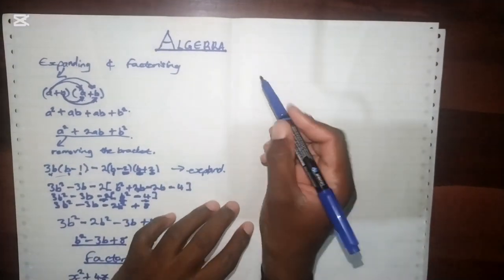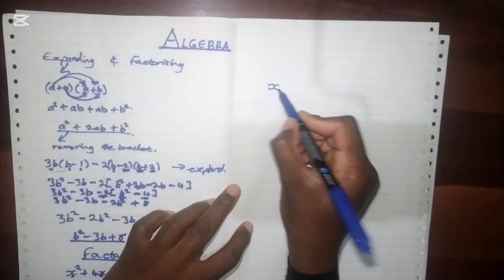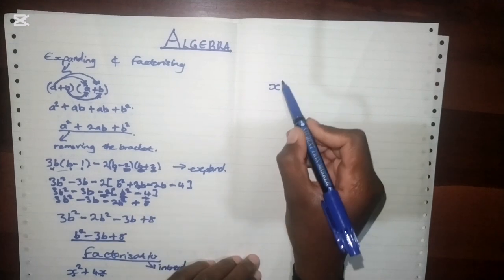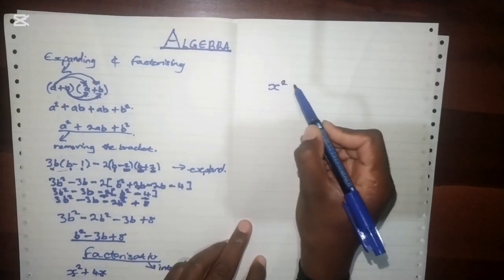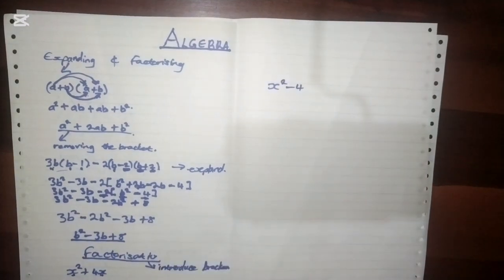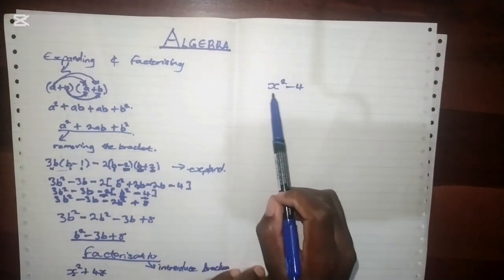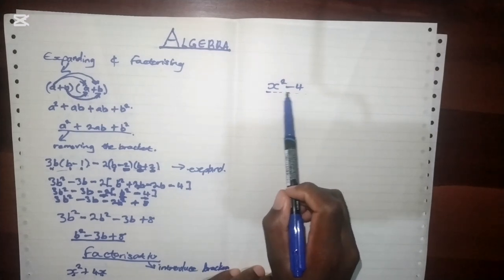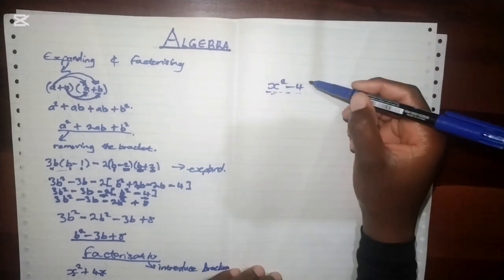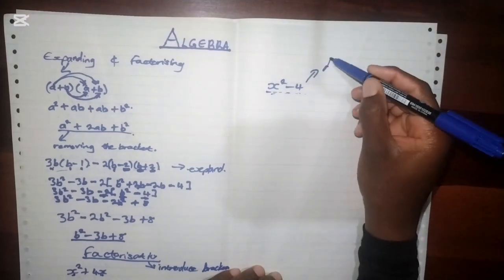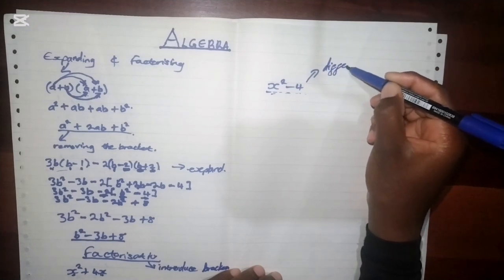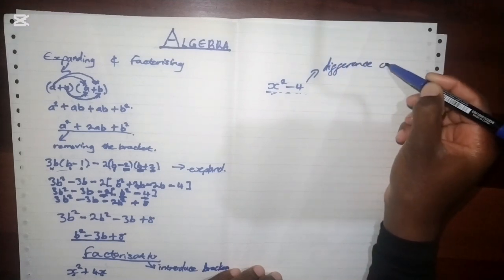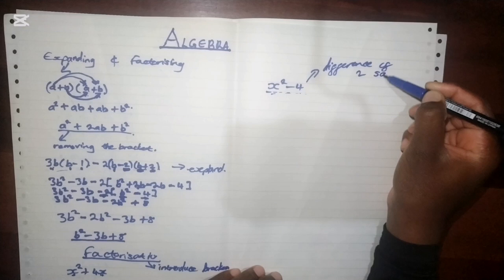Okay, let's do one more example. Suppose the expression that you're supposed to factorize is x squared minus 4. An expression like this one is referred to as a difference of two squares.